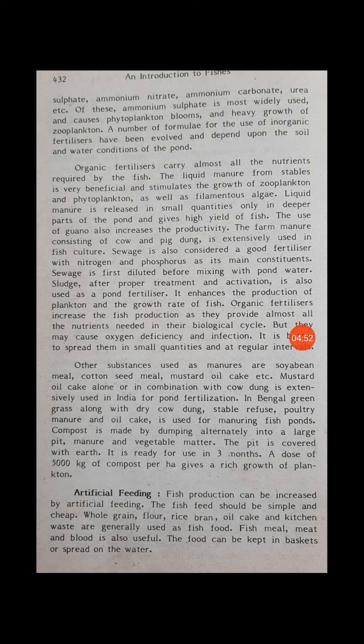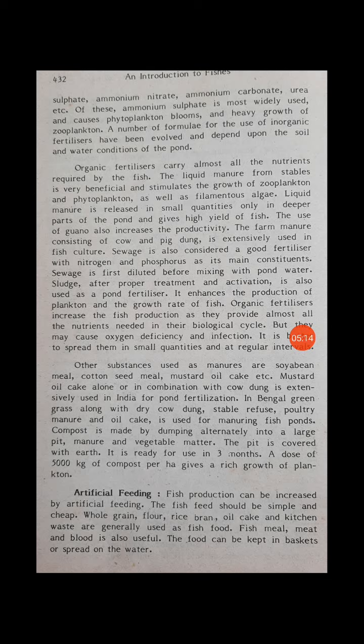Then compost is made by dumping alternately into a large pit manure and vegetable matter. So all these things we need to increase the fish food. This is the only purpose of fertilization of the pond.